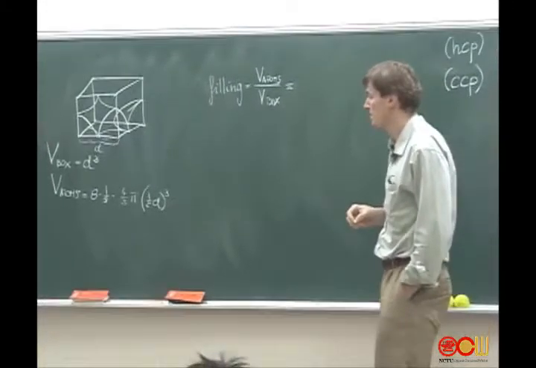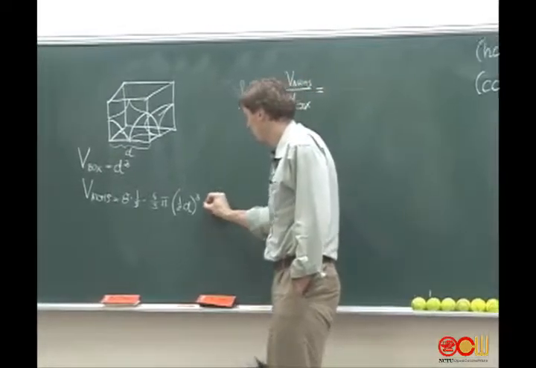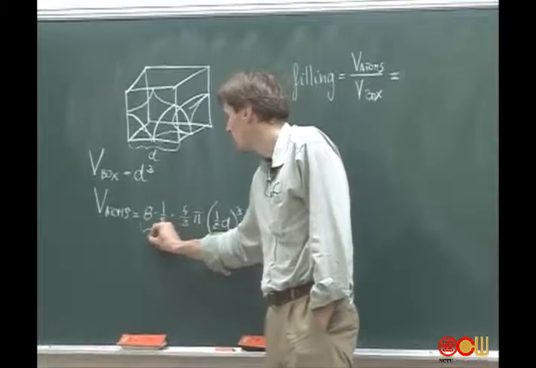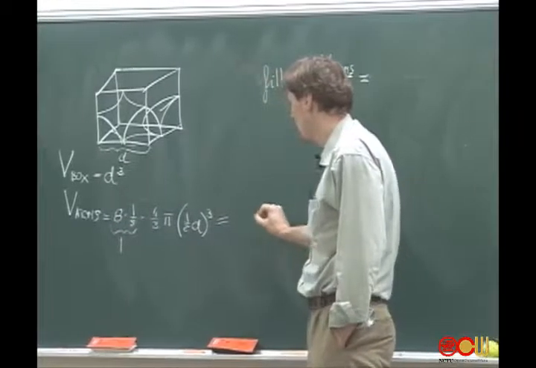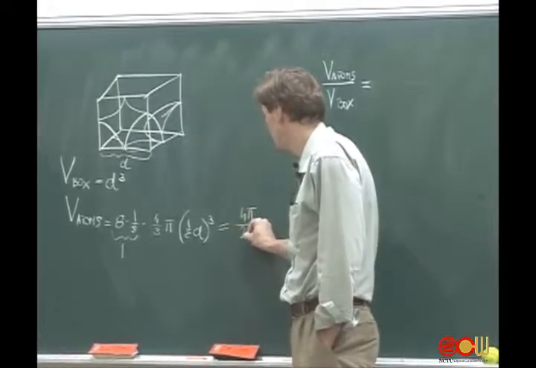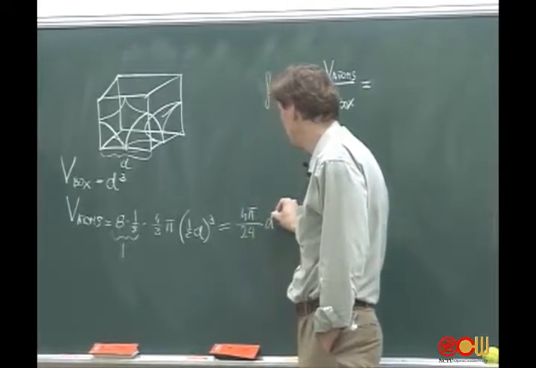Okay? I can calculate this one a bit. This one gives me 1. And this one gives me 4 pi over 24 d^3.